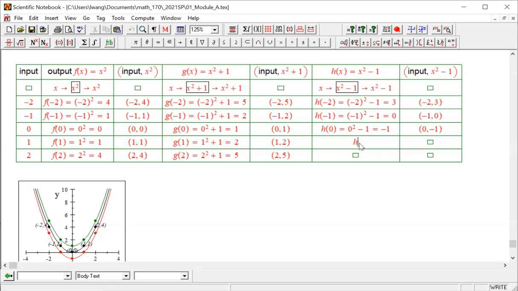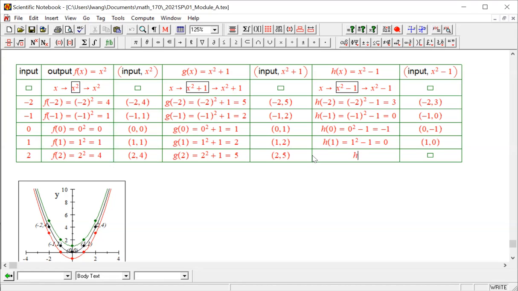We continue on this evaluation. So we get 1 squared minus 1, so that's 0. So on this point, we're going to have 1 comma 0.